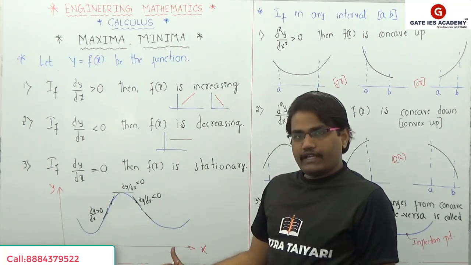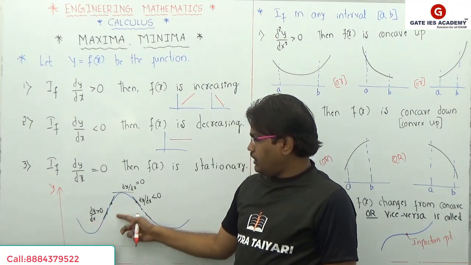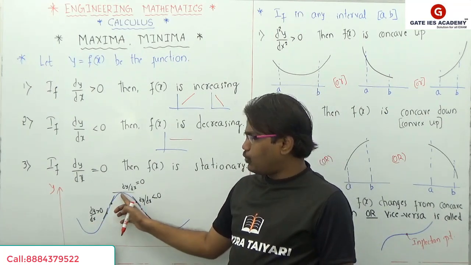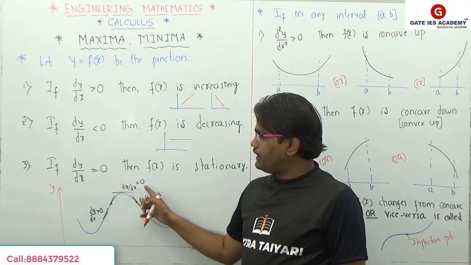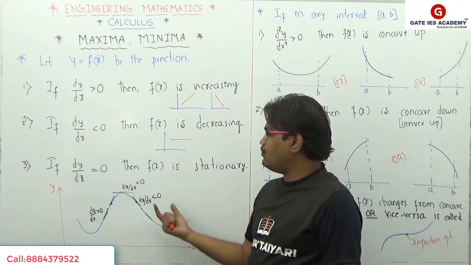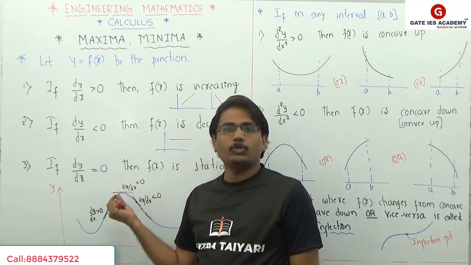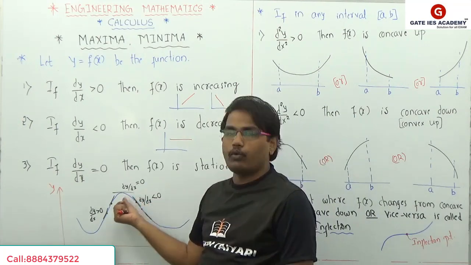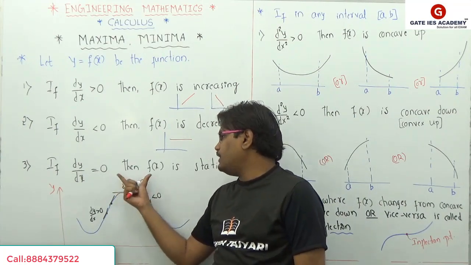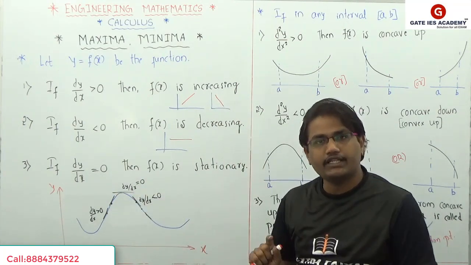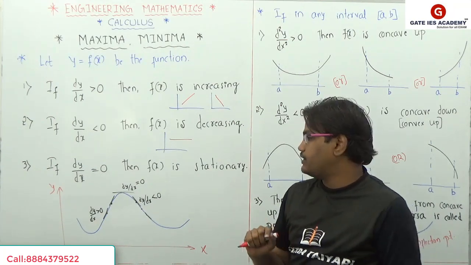In this figure, in this curve, at the peak point dy by dx is 0, meaning change in y with respect to change in x is 0 at the peak point. Here the function is stationary, neither decreasing nor increasing.